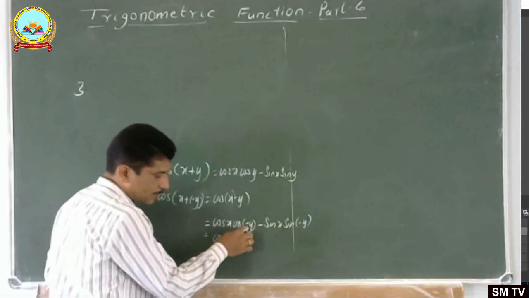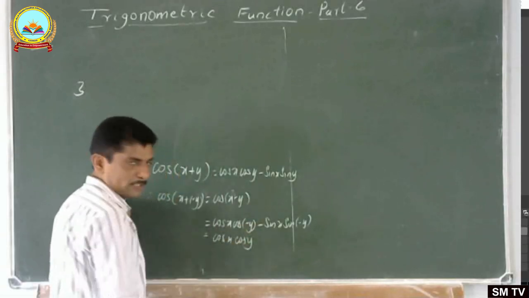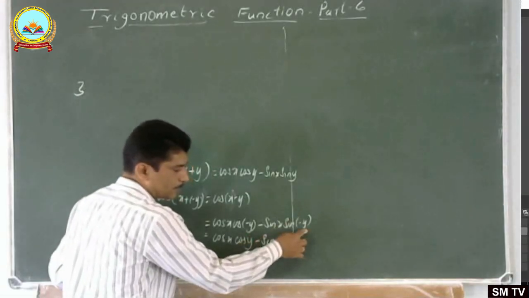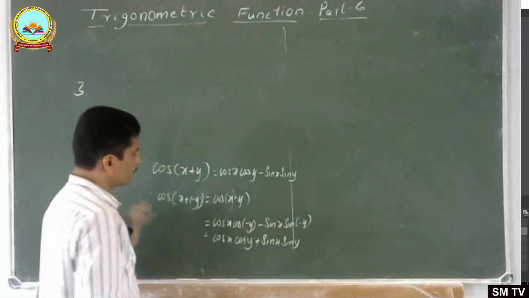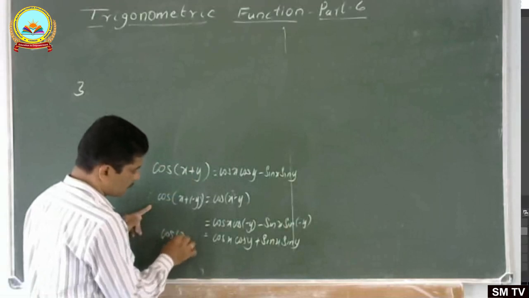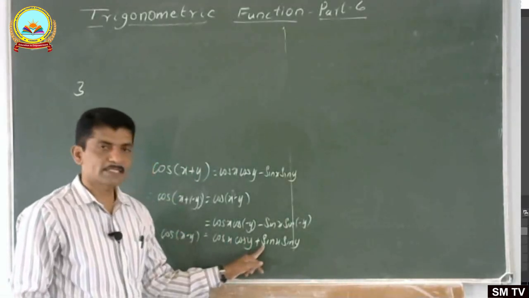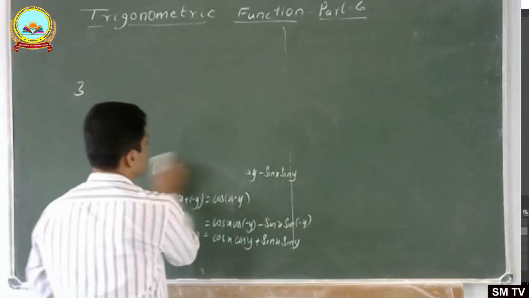Cos of minus y means plus cos y, and sin of minus y means minus sin y, so minus into minus gives plus sin x sin y. Therefore, cos of x minus y is equal to cos x cos y plus sin x sin y.